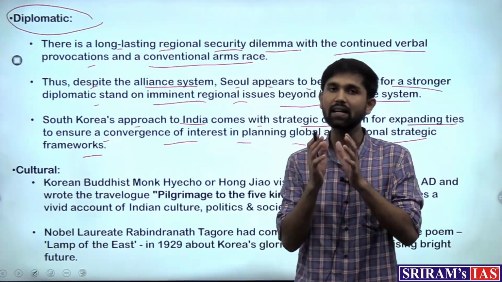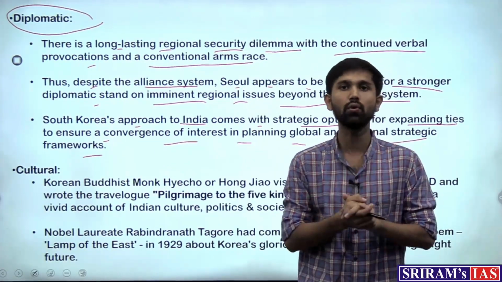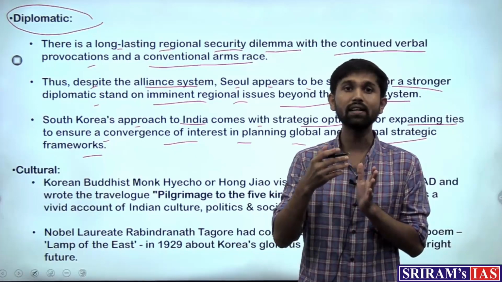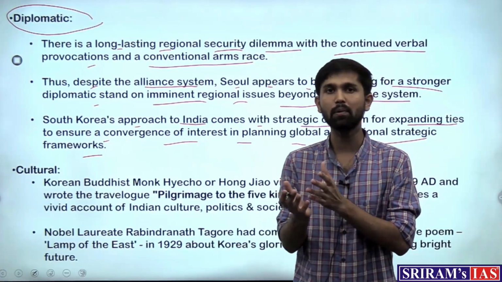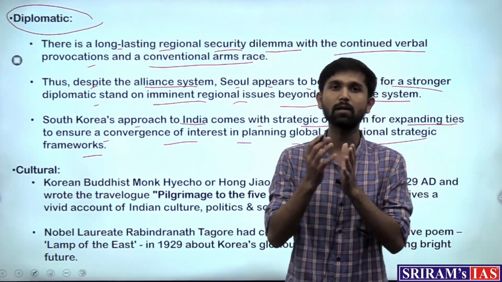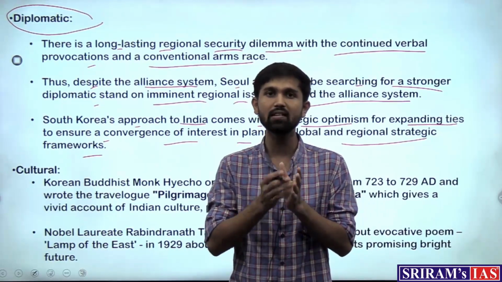What this means is that it is also in the interest of South Korea to engage with India so that it enhances its strategic capabilities and partnerships and does not depend on only the regional players and is able to better protect itself.